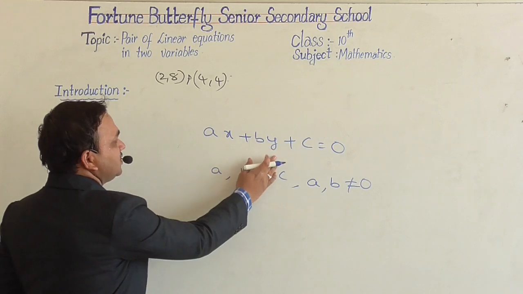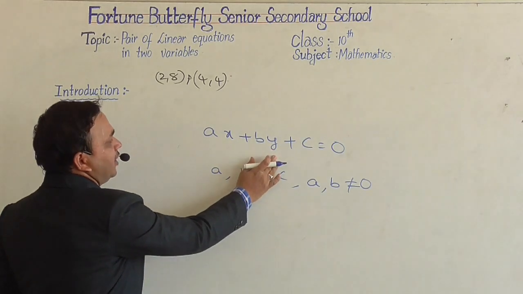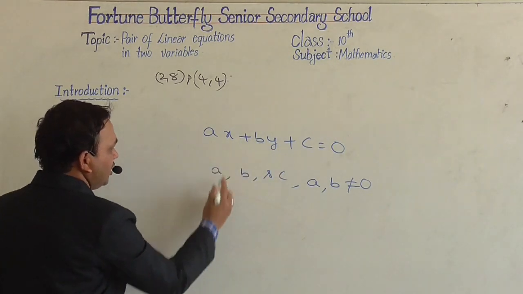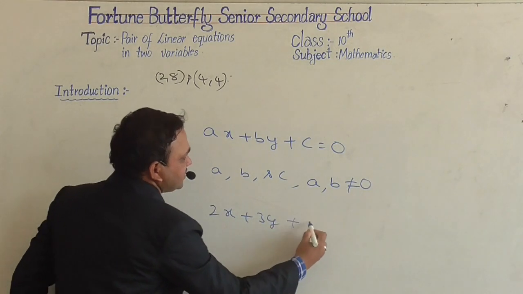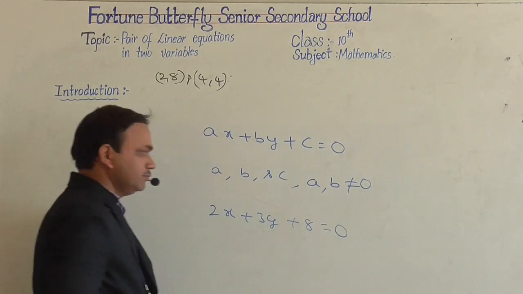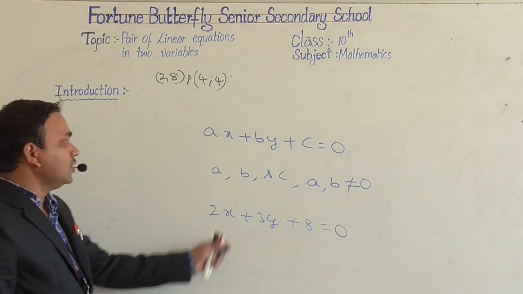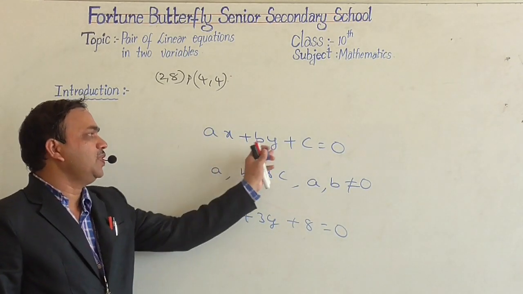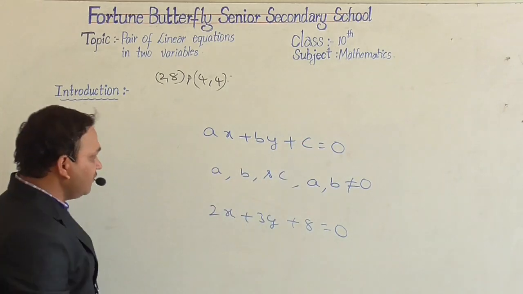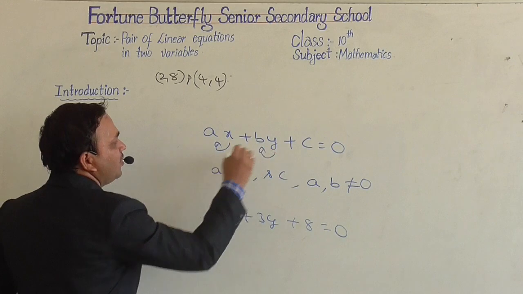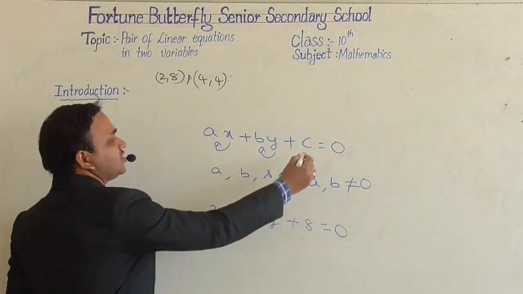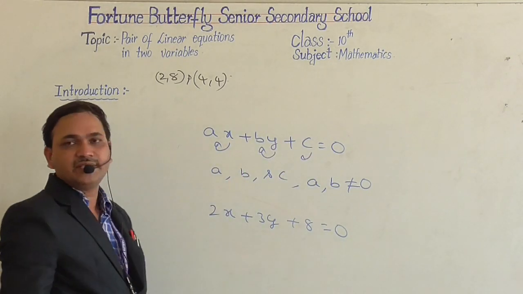For example, you are given the equation 2x plus 3y plus 8 is equal to 0. How do we find the a, b and c values? It is very easy. The number before x is the a value, the number before y is the b value, and the last constant number is the c value.